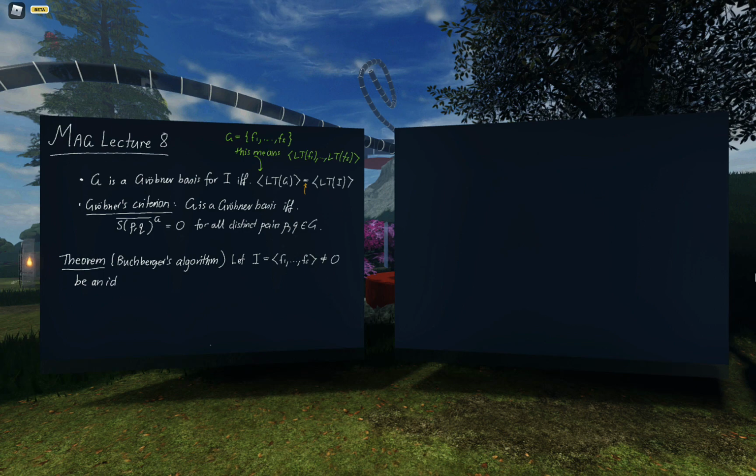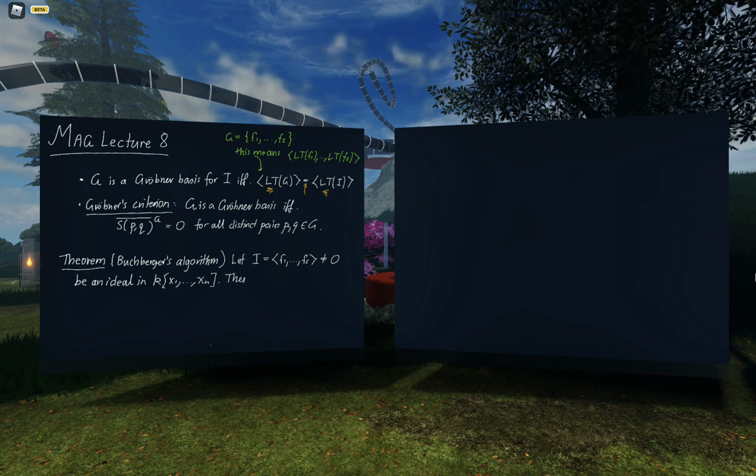Let I be an ideal in the polynomial ring. There's a fixed monomial order, right? There's a monomial order around everywhere because otherwise this doesn't make any sense, yeah?